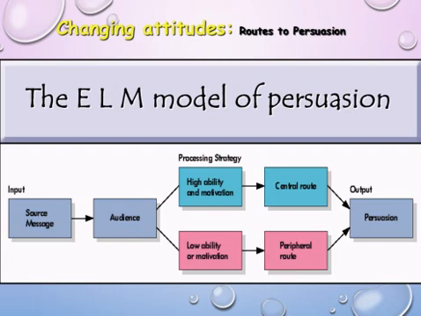Research suggests that attitudes changed through the central process predict behavior better than attitudes changed through the peripheral process. So if you persuade me logically, I will behave for longer and stick more to this process of listening to what to do.